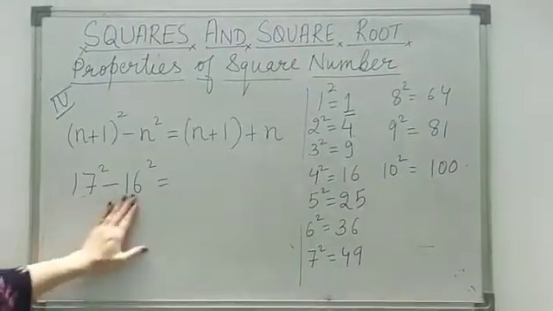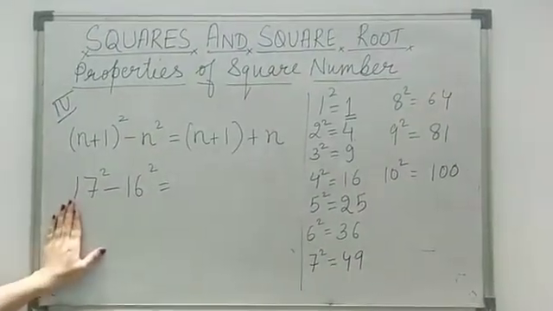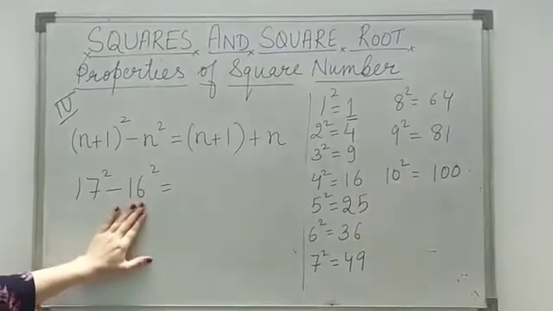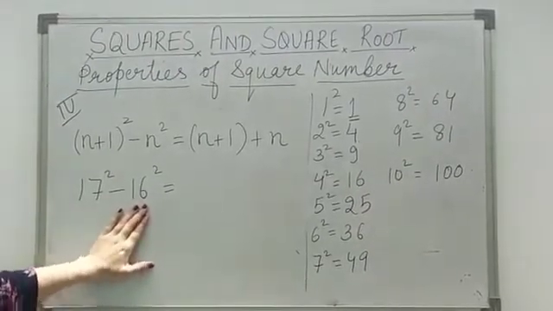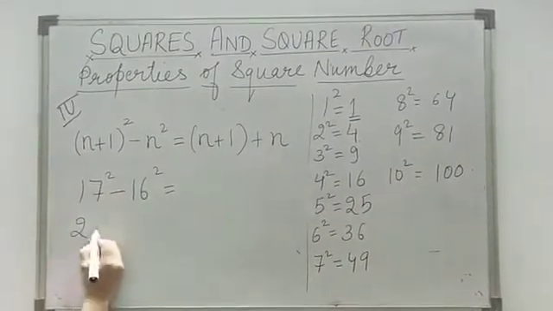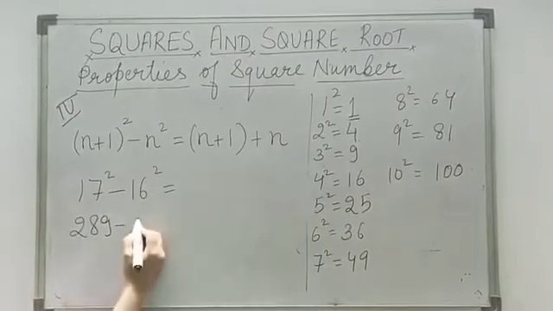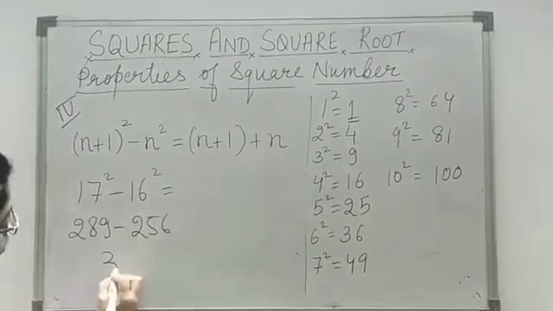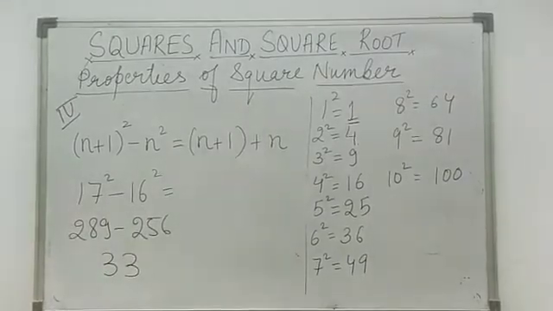I have to calculate the difference of their squares, that means 17 square minus 16 square. 17 square is 289, 16 square is 256. You subtract them, then you will get 33 as your answer.